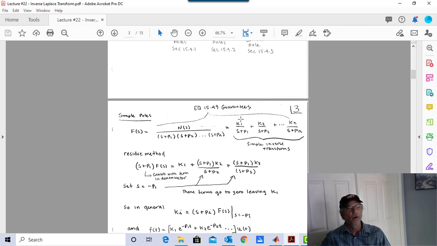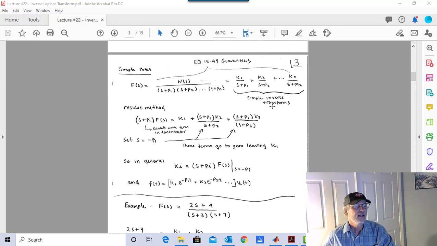I know that I can pick constants K1, K2, all the way to Kn that will make these two functions equivalent. And if we want to look ahead around the next corner, look how easy the inverse Laplace transforms are for these. They're the simplest ones we know of. Now that we have our guarantees, let's solve for our constants, K1, K2, etc.